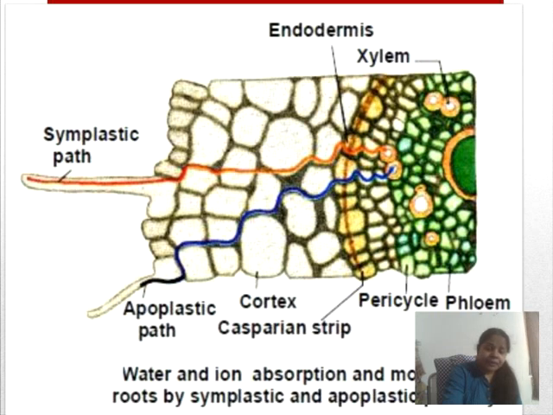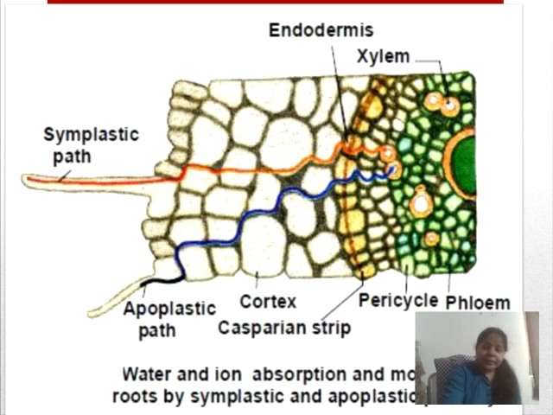How? Apoplastic pathway, the intercellular spaces and the cell wall region. Water is entering in this way, the blue apoplastic pathway, and the symplastic living one through the inner cytoplasm, symplastic pathway, plasmodesmata and so on. This is the living pathway, that is the symplastic pathway for the movement of water.